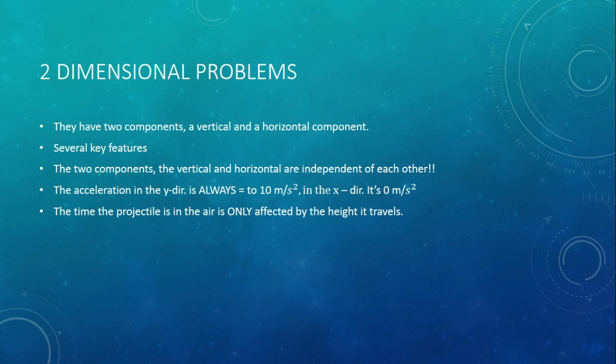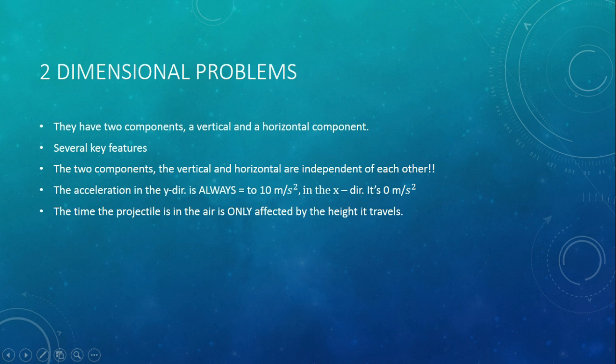There's actually a Mythbusters episode about that if you want to look it up. But for projectiles, the height is the only thing that affects how long it's in the air. So that's what I mean by they're independent.